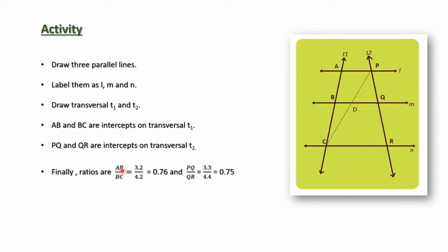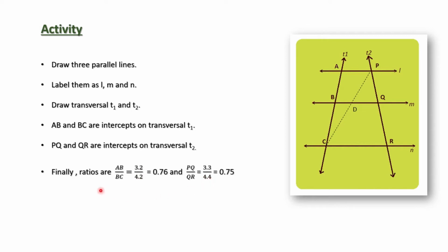If you observe AB upon BC and PQ upon QR, you will find this ratio is fixed. This ratio is the same. See, this value is 0.76. You can find this value by calculation. And again here 0.75, approximately the same. The difference between these two values is 0.01, which is very negligible as compared to 3.2, 4.2, 3.3, and 4.4.